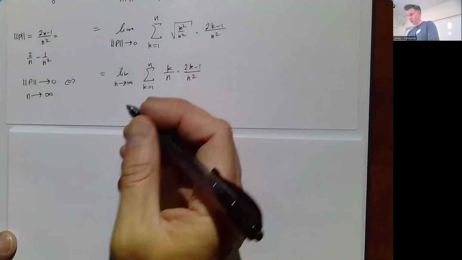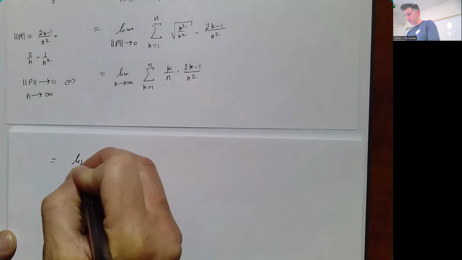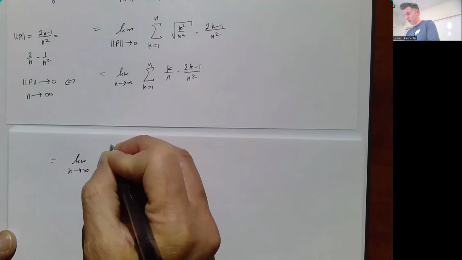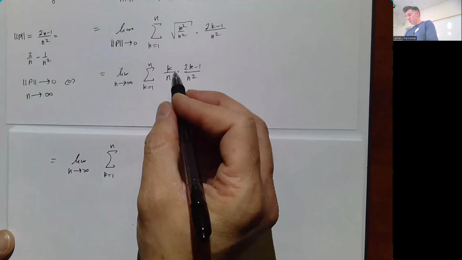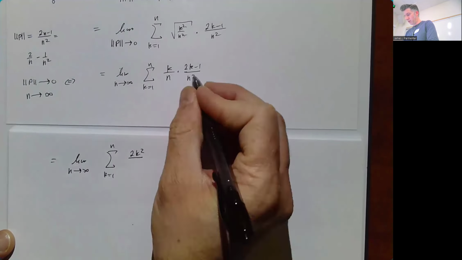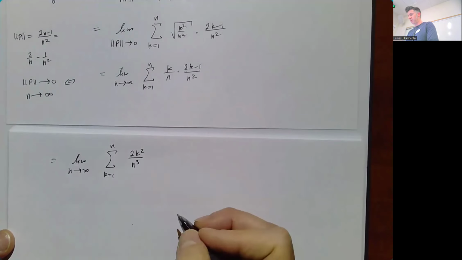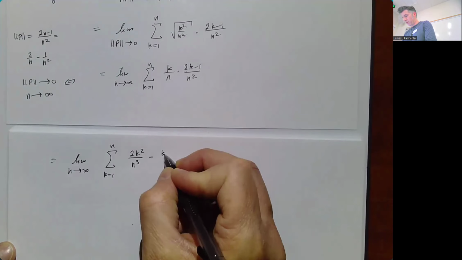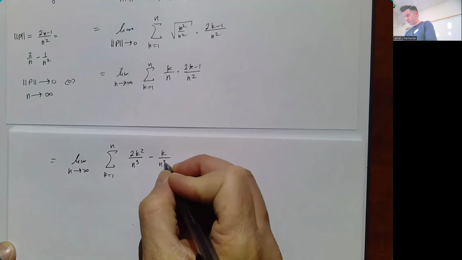Looking here, we're going to get the limit as n goes to infinity of the sum from k equals 1 to n of 2k squared over n cubed. That looks promising. But then we also have a k times negative 1 over n cubed as well.